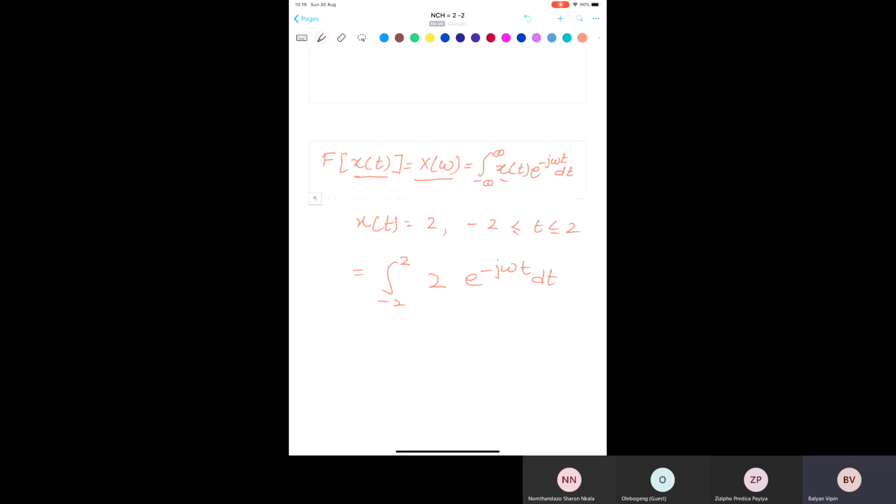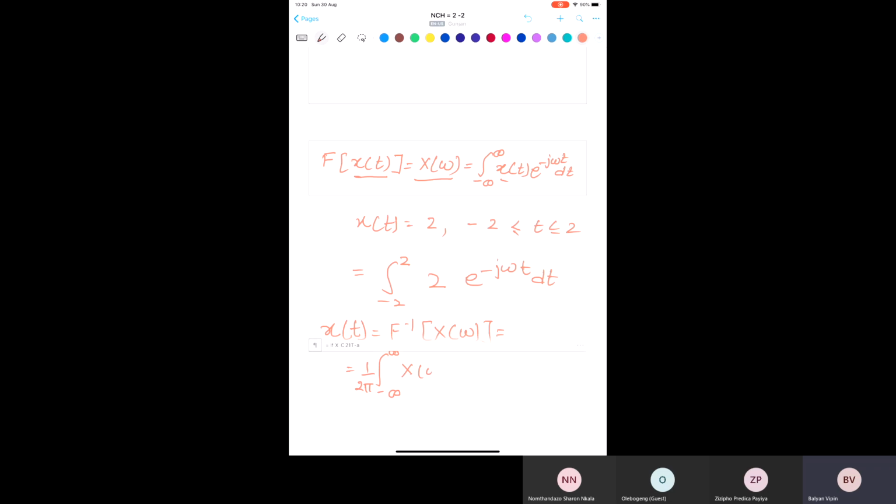Now you are doing the inverse Fourier transform. Inverse Fourier transform is basically, you are finding x of t where x of omega is given to you. So it was represented like this. The only difference is there's a 2 pi here, and then you are again integrating it within limits of minus infinite to infinite.